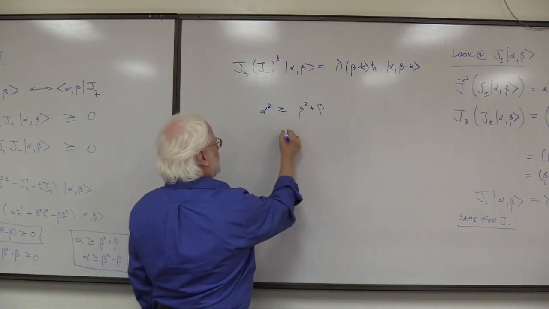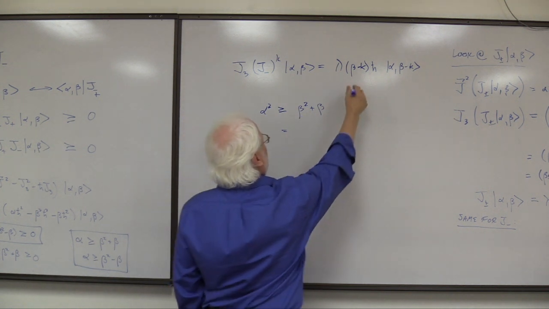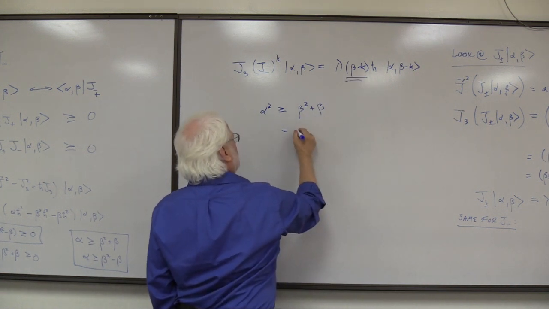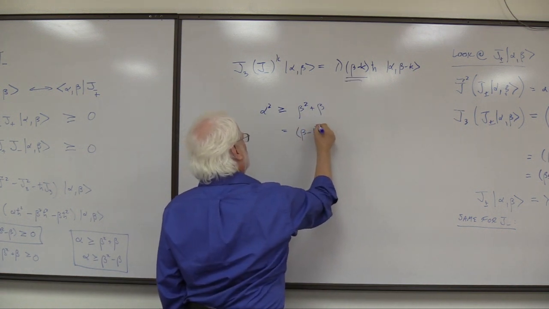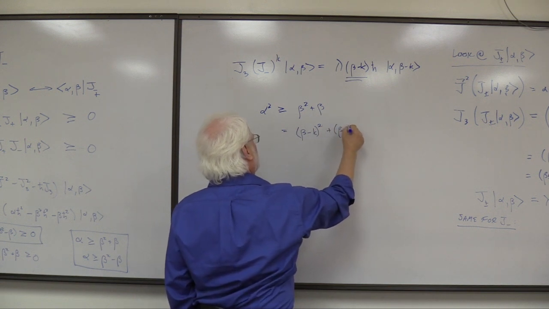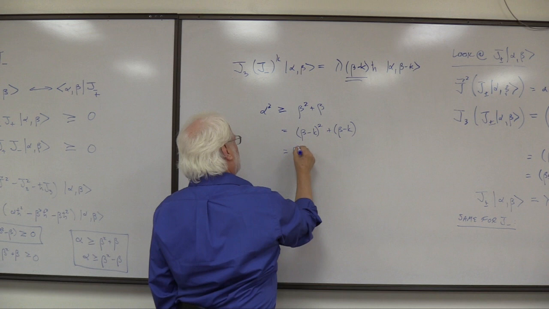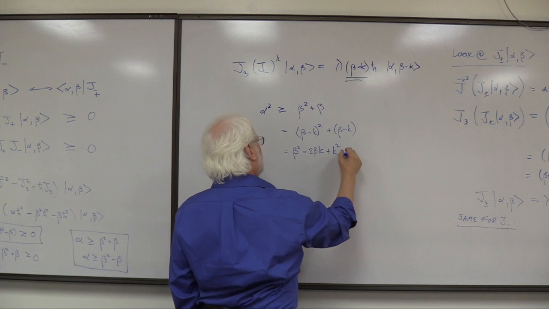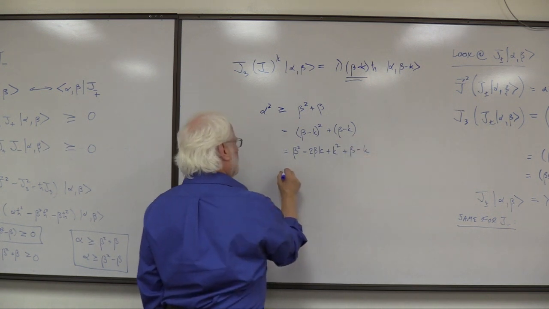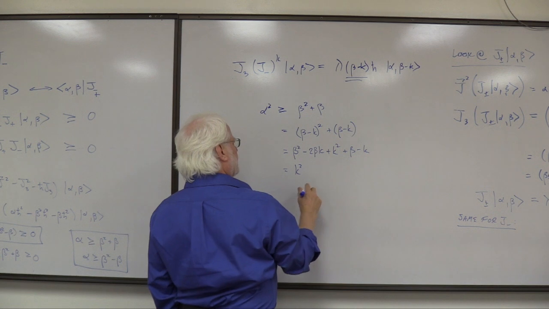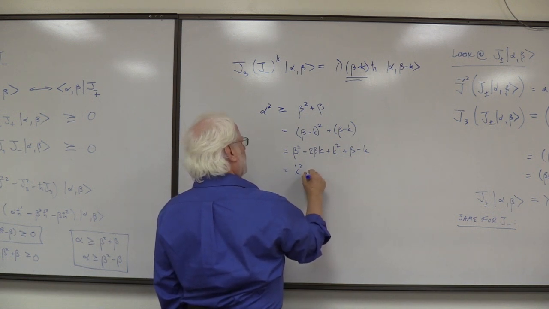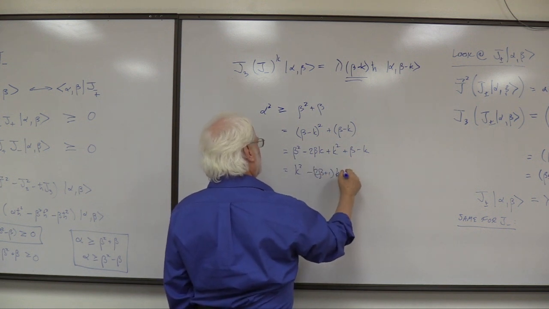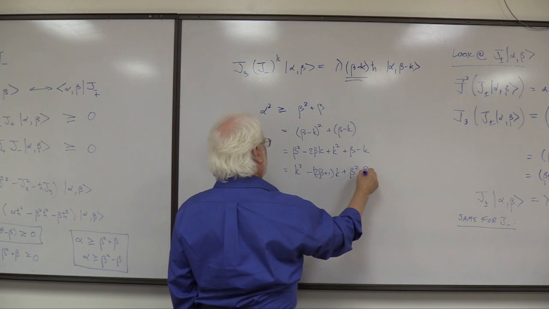As we lower, that becomes beta minus K squared plus beta minus K, which is beta squared minus 2 beta K plus K squared plus beta minus K. Pulling the K squared out, we have K squared minus 2 beta plus 1 K plus beta squared plus beta.